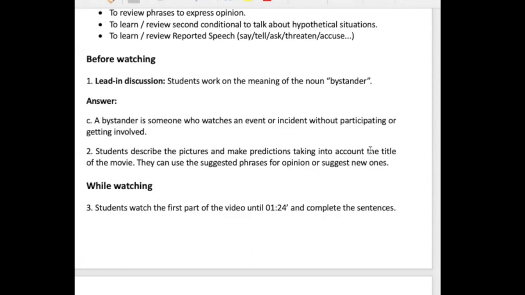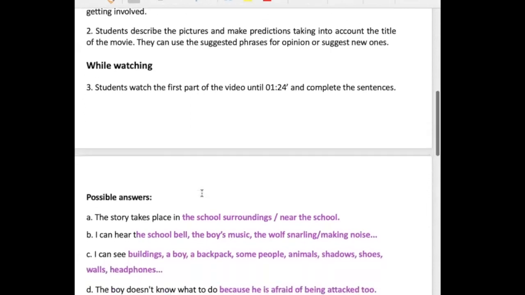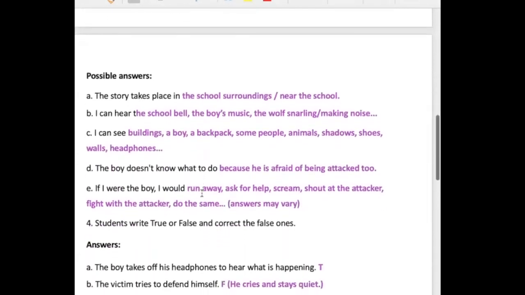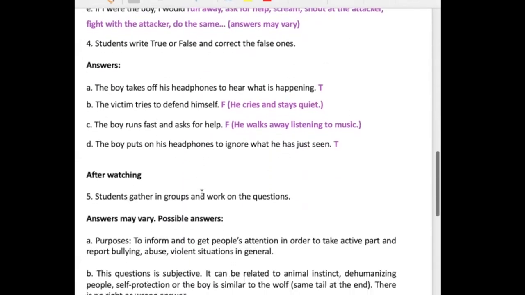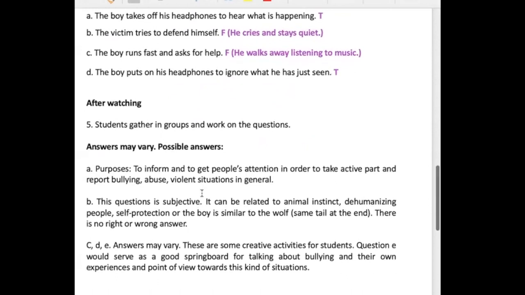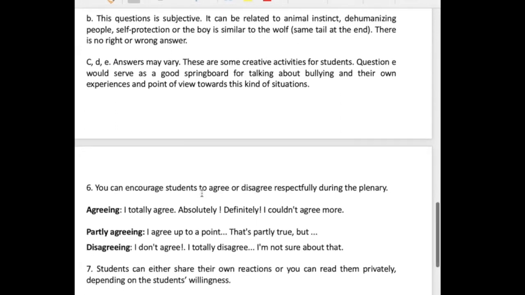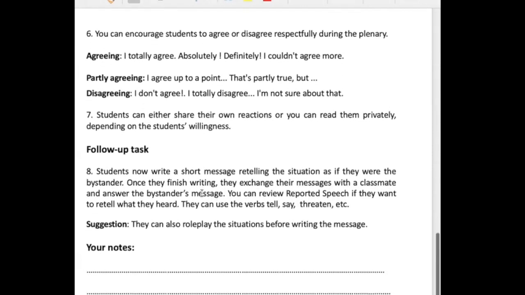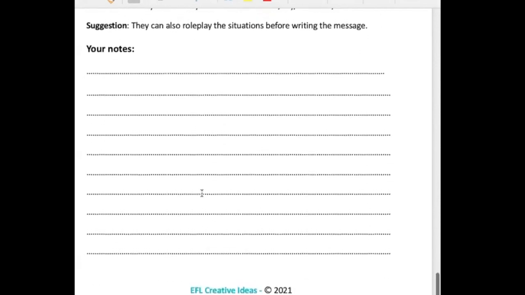Well, I try to help teachers with the development of the lesson, basically giving them some extra ideas on how to use the materials, the answer keys, of course, possible answers, because some of the activities are open. So I include some possible or suggested answers, and then some more language or lexical chunks for them to give students in case they need them. Some suggestions.